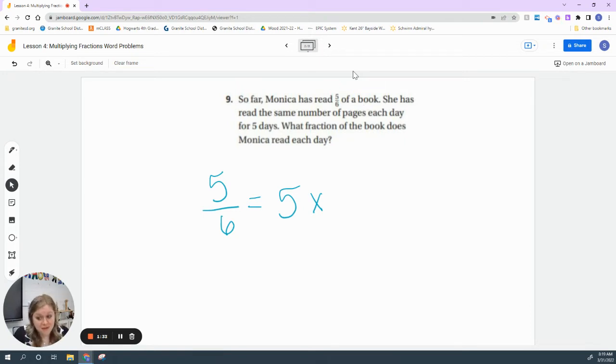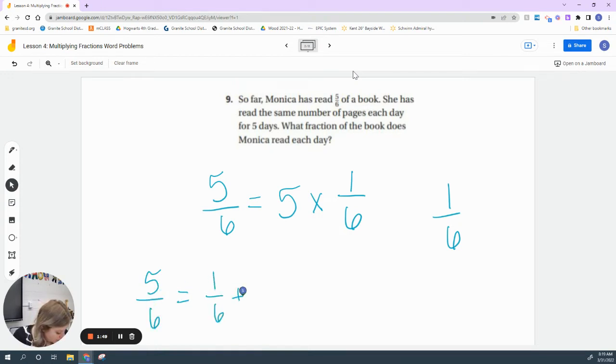Well, 5 times 1/6 is 5/6. So she has read 1/6 of a book each day. Okay? The other way we could look at this is that 5/6 is equal to 1/6 plus 1/6 plus 1/6 plus 1/6 plus 1/6. And we have 5 of them, which means she read that each day.